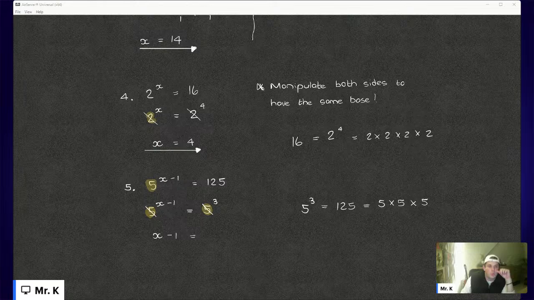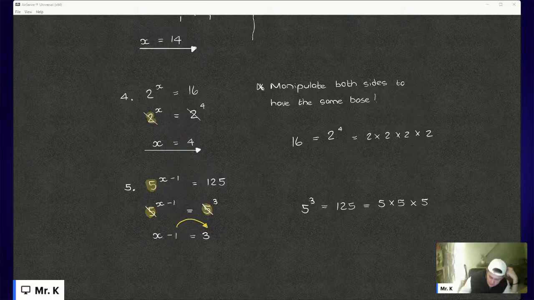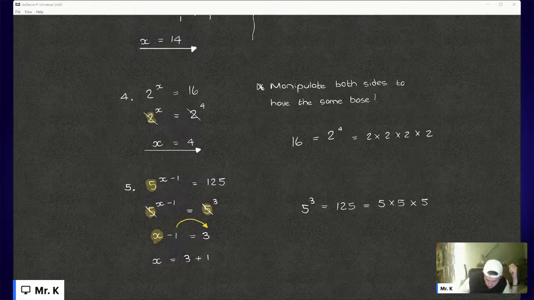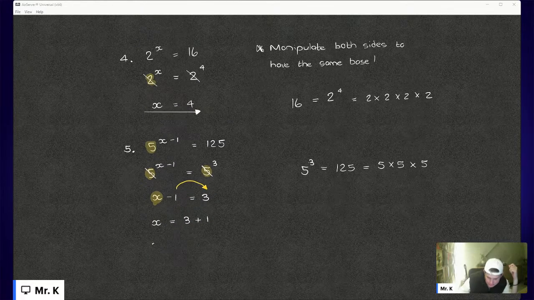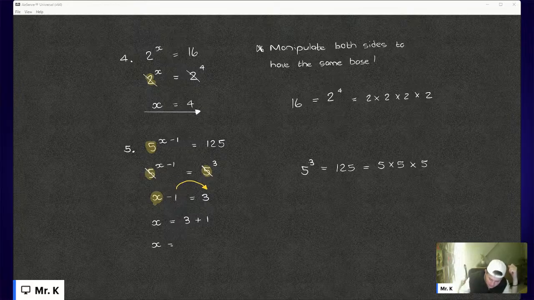So x minus 1 is going to be equal to 3. And here we can see that we just want to move this 1 over to the other side so that we can get x on its own. We're going to have x being equal to 3 plus 1, because when we move a negative value over the equal sign, it must become positive.